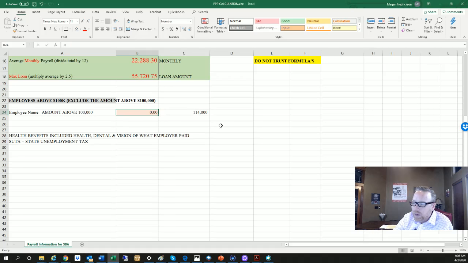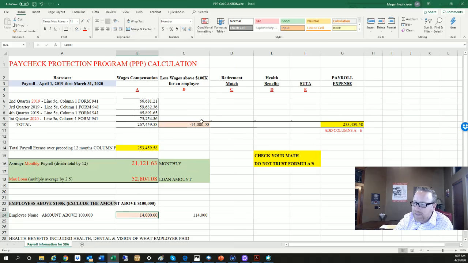So we would need to include here 14,000 because that's the amount that was overpaid. So if I enter in the amount that's overpaid, then that rolls to there, and however many employees there are that were paid over 100 grand, that's what you would subtract out. Boy, I'm terrible, aren't I? Good thing this is free.